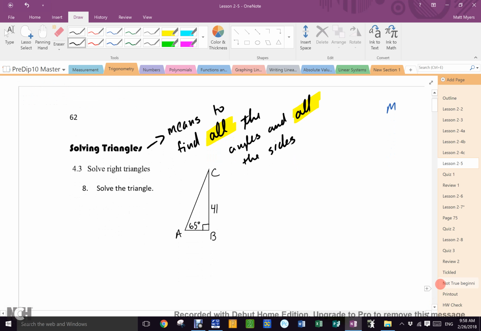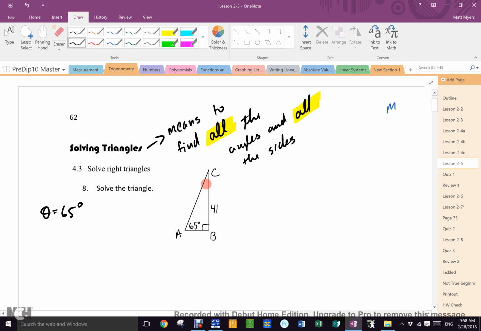For example, the only thing I have in this triangle is a theta of what? 65. Now, as soon as I know that theta of 65, do I not know the third angle automatically? Of course I do. Why? 65 plus 90 is 155. 180 minus 155 is 25.